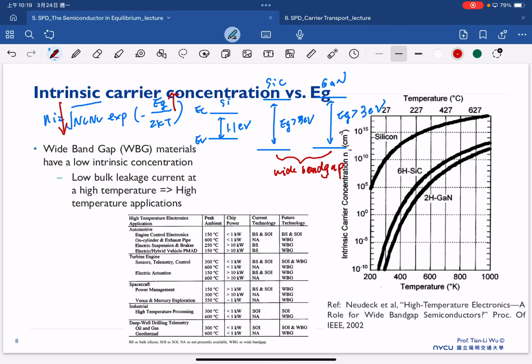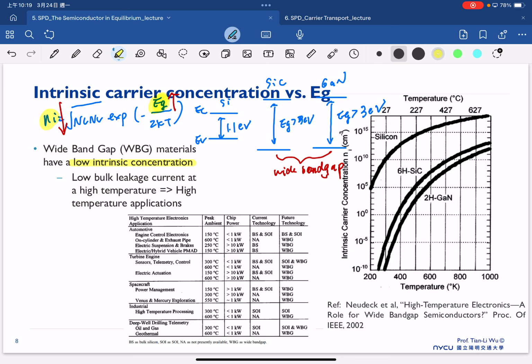And with the equation shown here, even if we haven't calculated the Ni ourselves, we can already estimate that with a large band gap, ideally we will have a very low intrinsic concentration. That's why wide band gap semiconductor materials always have a low intrinsic carrier concentration.